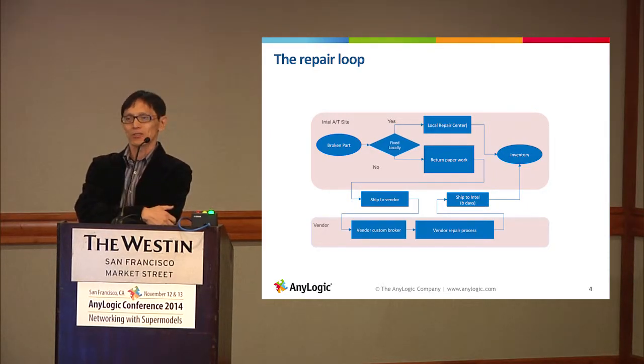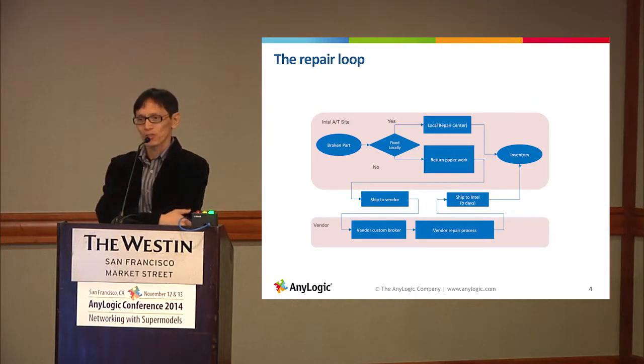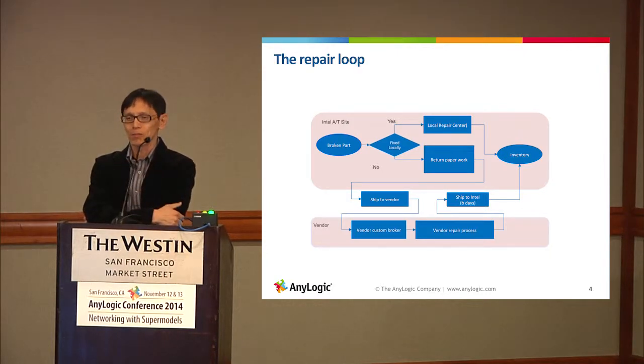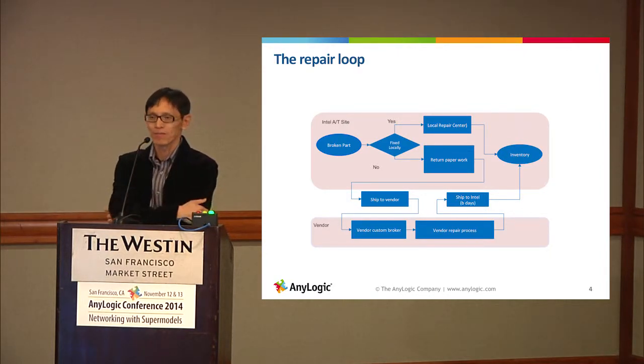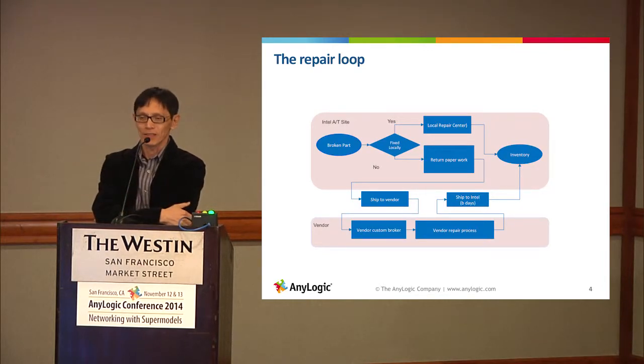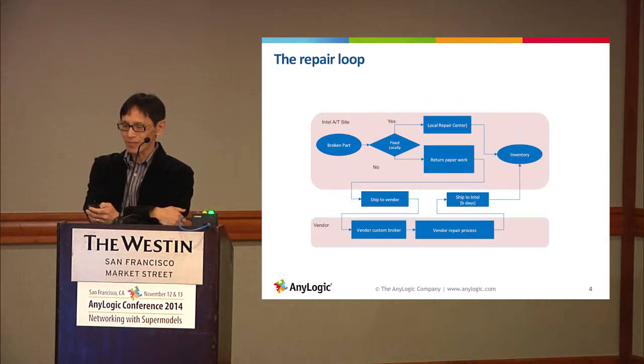Then it goes through some paperwork and international shipping, then back to the vendor. They have a customs broker, who deals with all the customs, then it's fixed at the repair center, and shipped back.